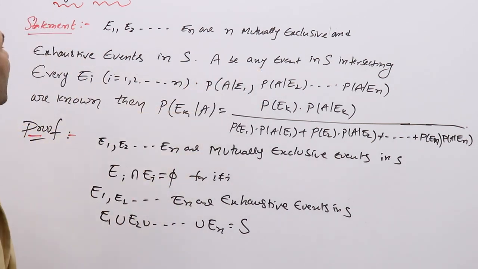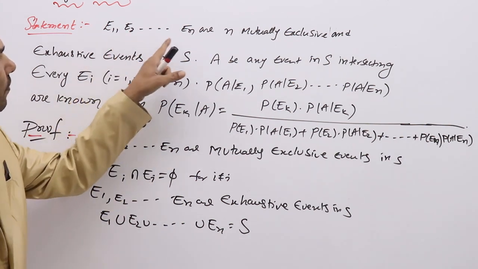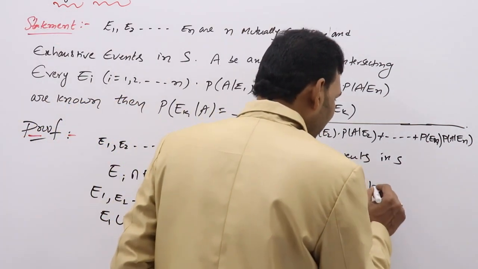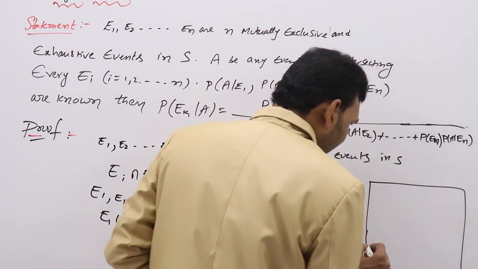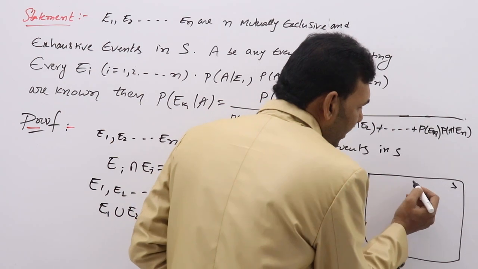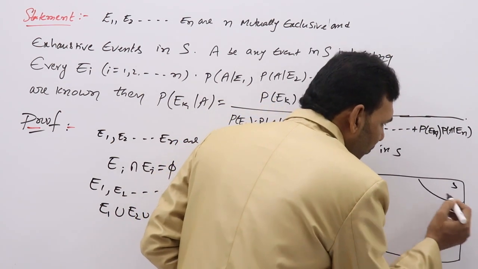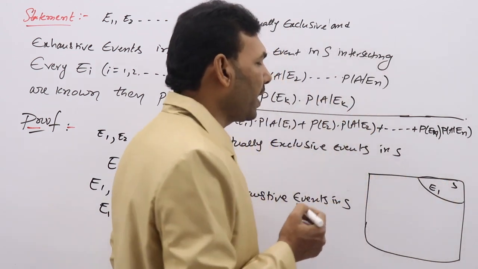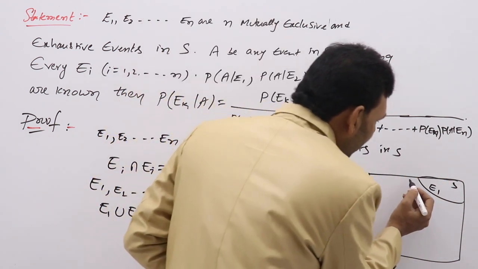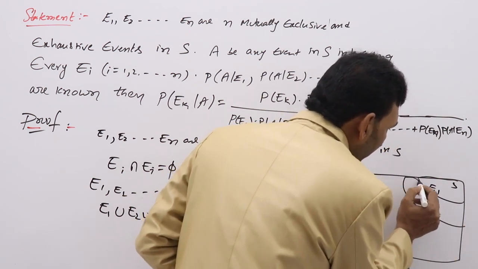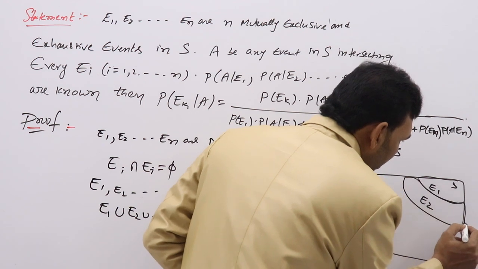And what next is given? A, an event in S intersecting every E. These E1, E2, En are n mutually exclusive, that means they are not intersecting each other. If you observe in a Venn diagram in sample space, you can easily understand. For example, this is the E1 event, this will be another E2 event.